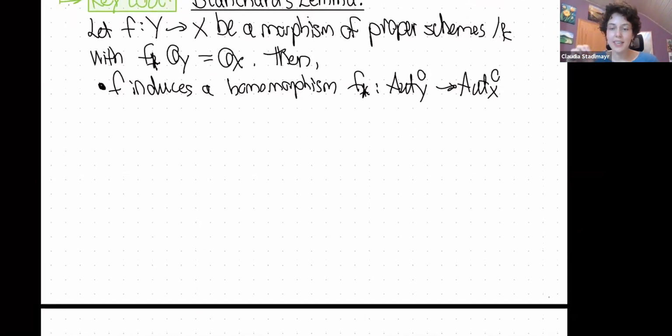It just denotes that the action of Aut_Y^0 on Y descends uniquely to an action of Aut_Y^0 on X.